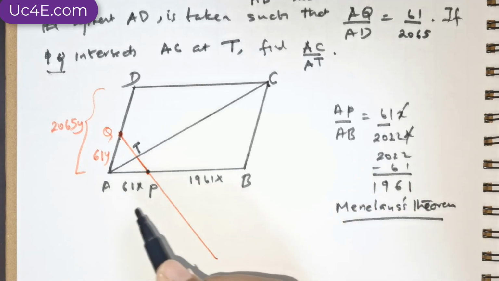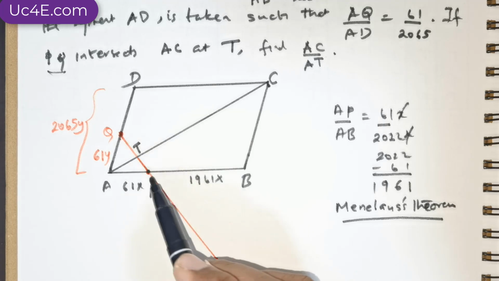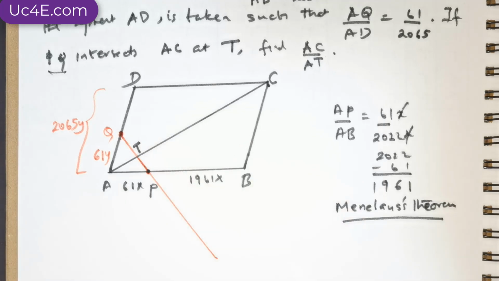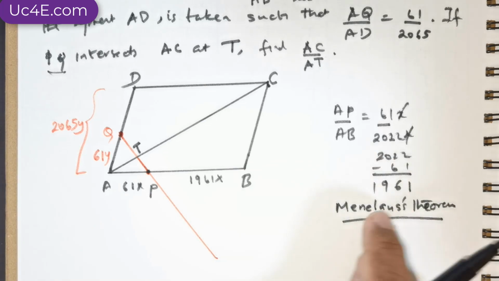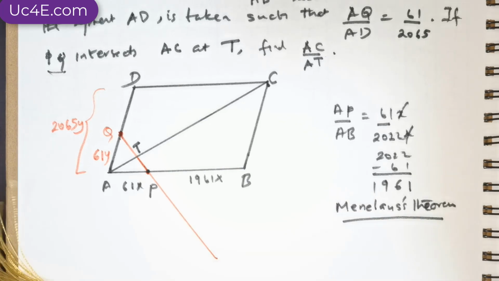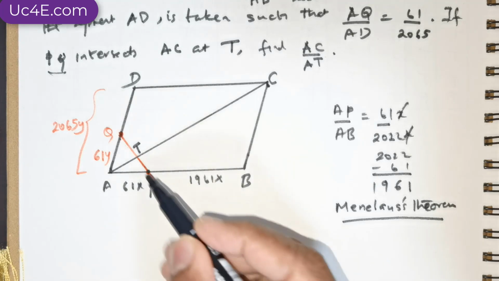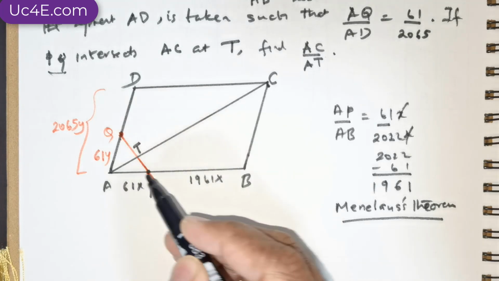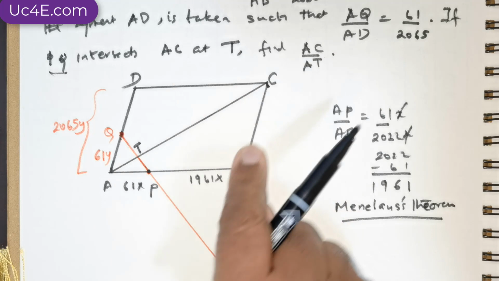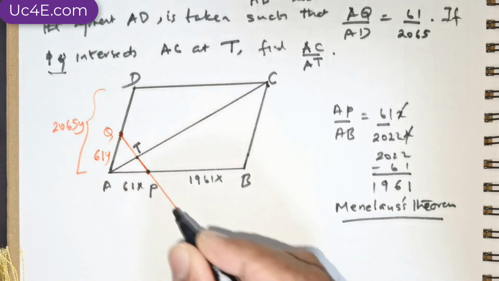This theorem states that if there is a transverse line intersecting a triangle, then we would be able to apply the formula provided by this Menelaus theorem. I'm going to show you that particular formula, and this PQ is actually the transverse line because it is intersecting the triangle at T as well as at P.